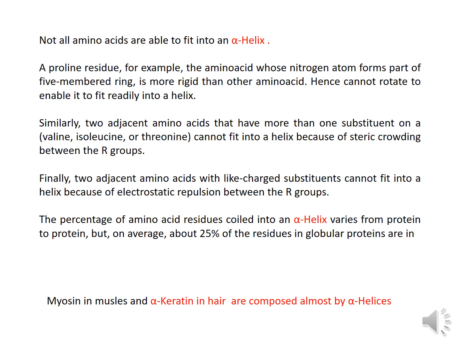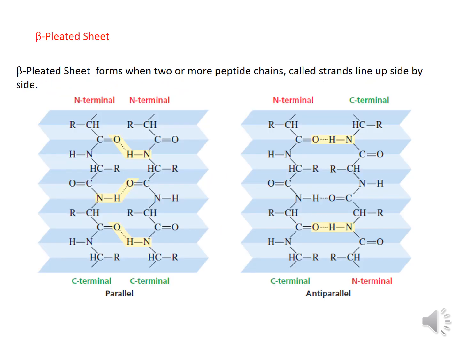Myosin and alpha keratin in hair are composed almost entirely of alpha helices. This is all about the alpha helix. Now let us discuss the beta pleated sheet.